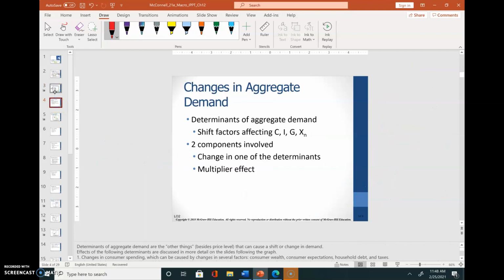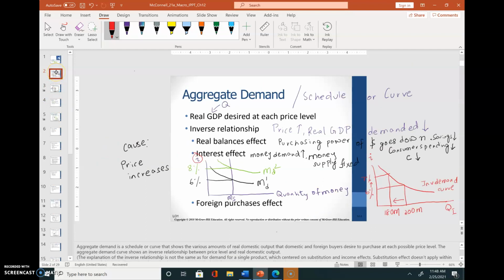Okay. Now the other effect is the foreign purchases effect. So what is our assumption here? Our assumption is US prices increase, but prices anywhere in the world are staying the same.